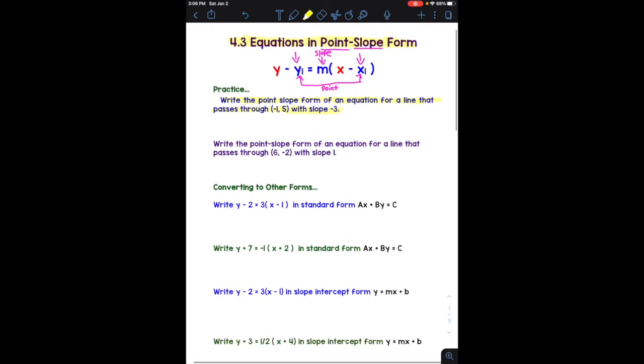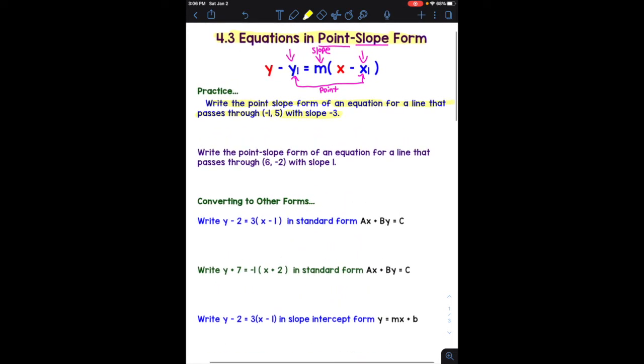We have both pieces of information to write an equation in point-slope form: a point, which will be my x1 and y1 values, and the slope, which will be m. So let's go ahead and copy our point-slope form, y minus y1 equals m times x minus x1.